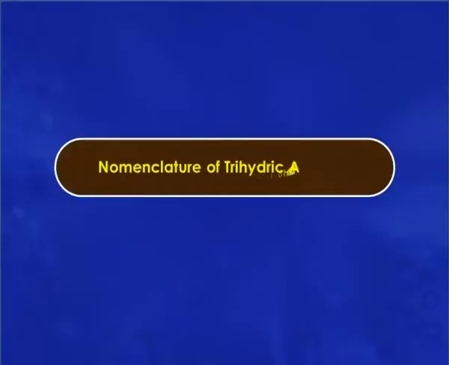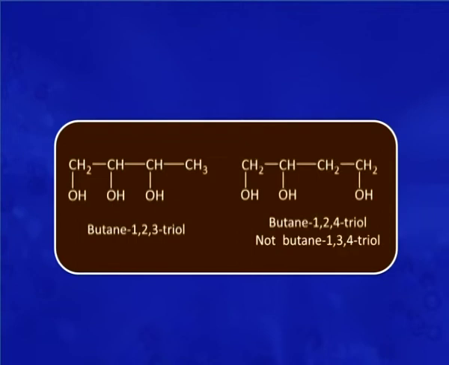We will now discuss the nomenclature of trihydric alcohols with the help of certain examples. In this particular case, you can see that we have 4 carbon atoms. So, it is basically a butane triol. If we number the molecule from this carbon, then the 3 hydroxy groups will take positions 2, 3 and 4, but if we number it from here, then the positions will be 1, 2, 3 triol.